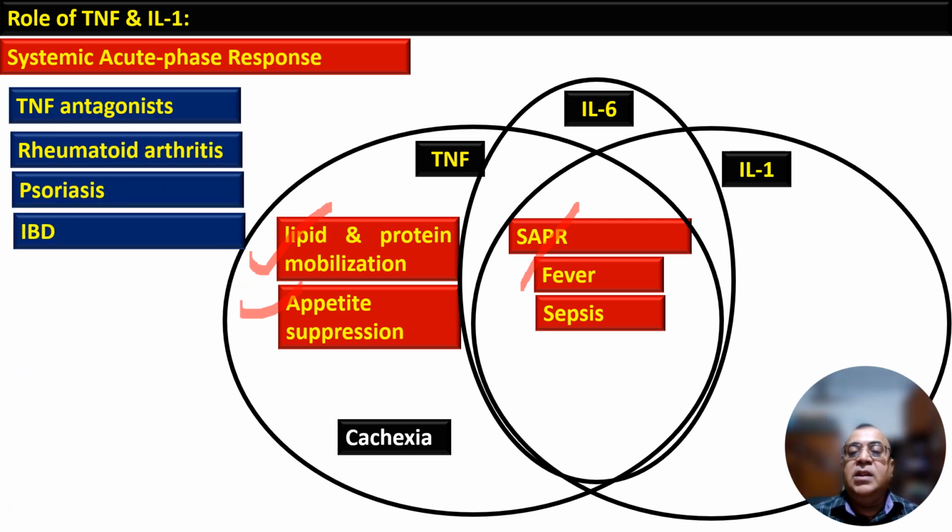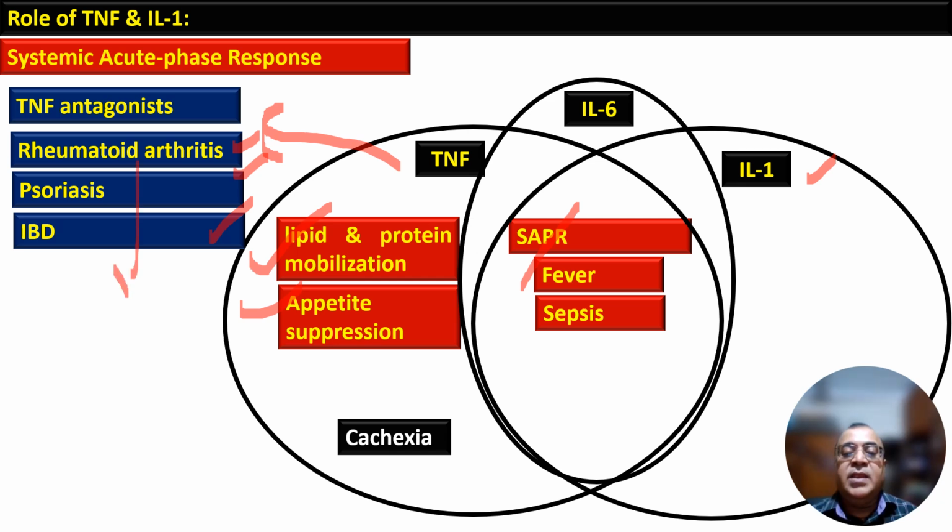Interleukin 1 is also associated with the systemic acute phase response, but its role is not well understood. The TNF effect can be blocked by TNF antagonists, and this is part of the treatment in rheumatoid arthritis, psoriasis, and inflammatory bowel disease, chronic conditions.